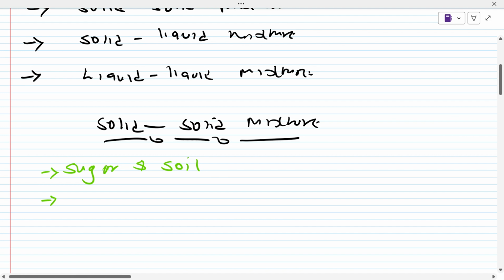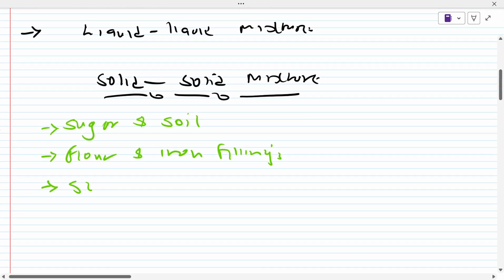I can have flour and iron filings. I can have sand and sawdust. These are types of solid mixtures. It doesn't necessarily have to be just two.